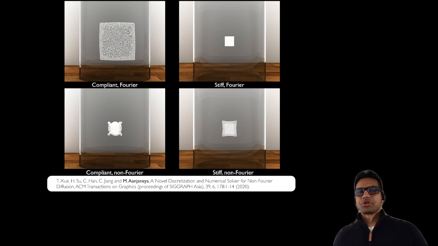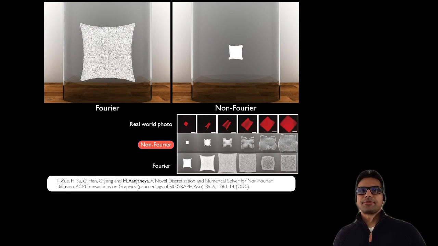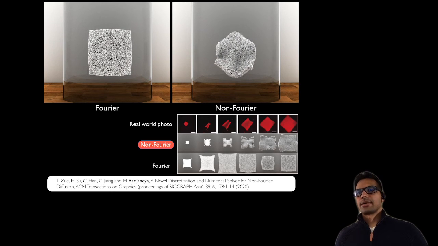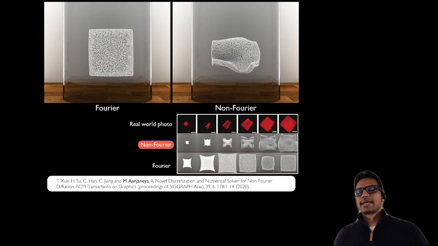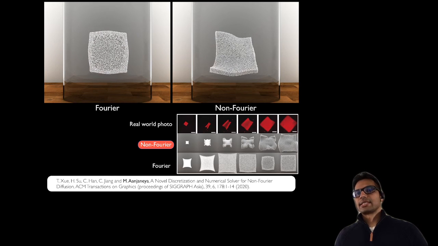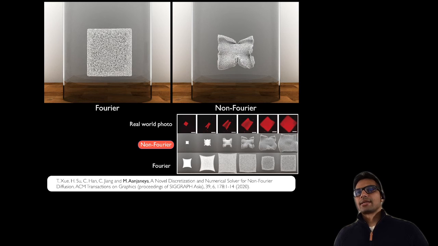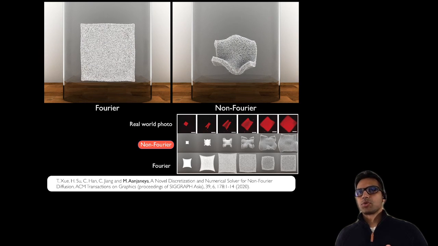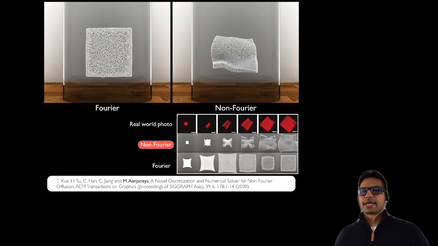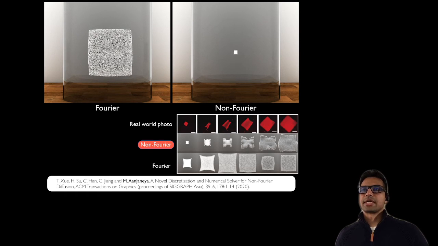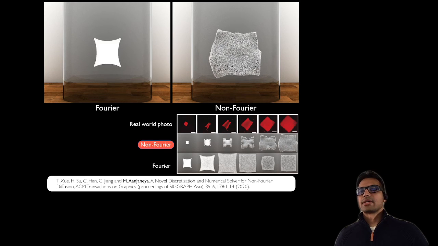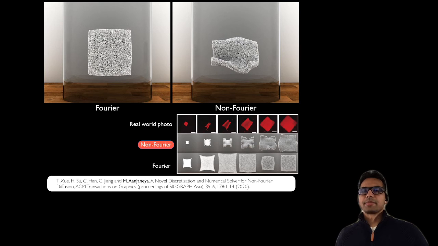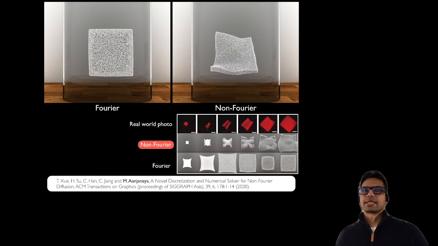And this is not just of visual importance, because if you look at real-world imagery for how a hydrogel expands, then you can see that it exhibits these folding patterns. And what we observed was that with CF diffusion, or more generally non-Fourier diffusion, we can qualitatively get some folding behavior for this hydrogel, whereas the Fourier-based hydrogel exhibits completely isotropic expansion and contraction.